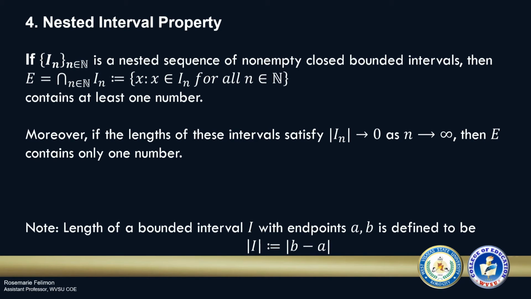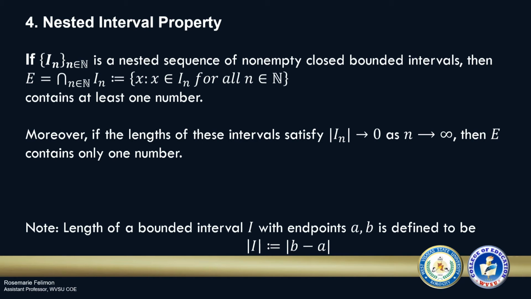If I sub n, where n is an element of the set of natural numbers, is a nested sequence of non-empty closed bounded intervals, then E, which is equal to the generalized intersection of I sub n, where n is an element of the set of natural numbers, and is the set containing x such that x is an element of I sub n for all n in the set of natural numbers, contains at least one number.